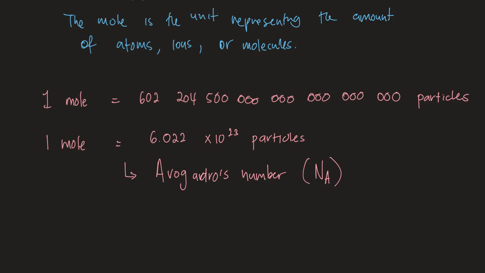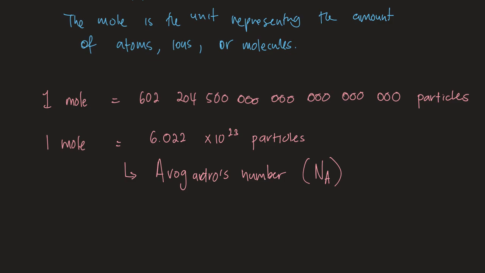If I had 6.022 times 10 to the power of 23 Coke cans, I would be able to cover the surface of the earth 300 kilometers deep. If you could count the atoms at a rate of 10 million per second, it would take you 2 billion years to count the atoms in 1 mole. That is how big this number is.